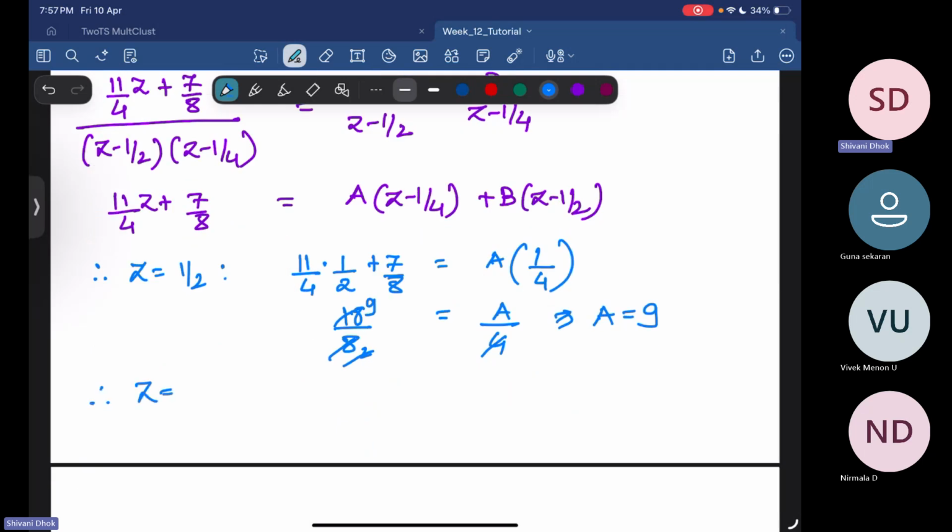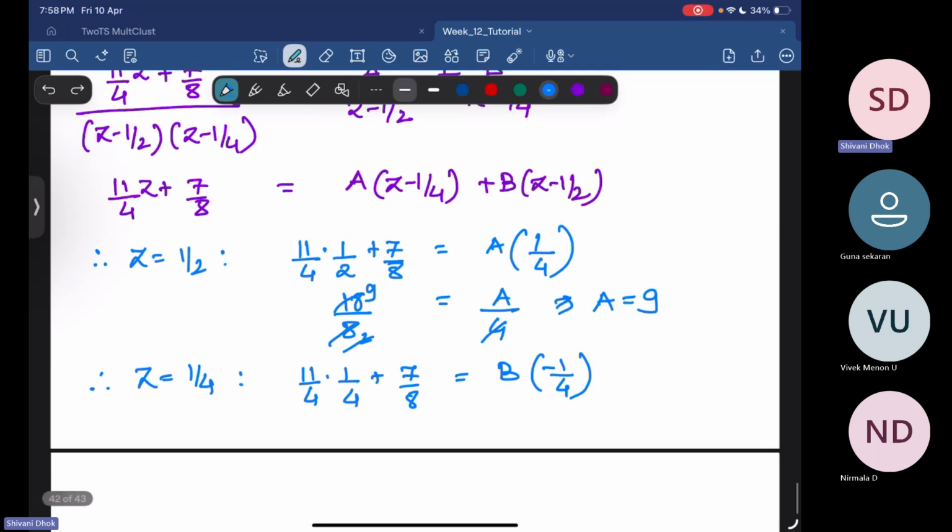Similarly, if I put z equal to 1 by 4, that will give me 11 by 4 into 1 by 4 plus 7 by 8, which will be equal to B into 1 by 4 minus half, that is minus 1 by 4.